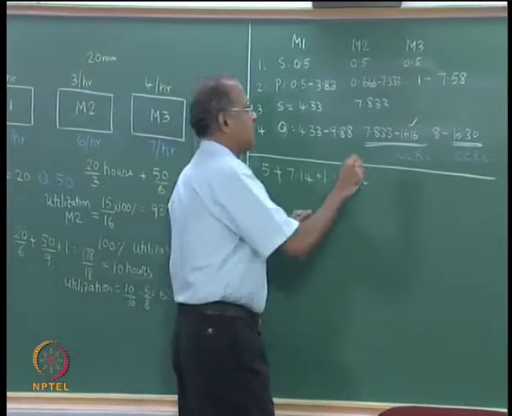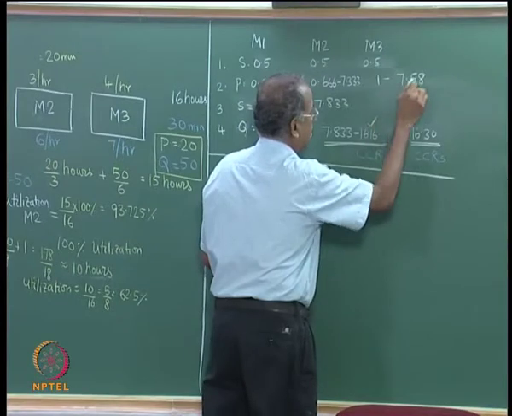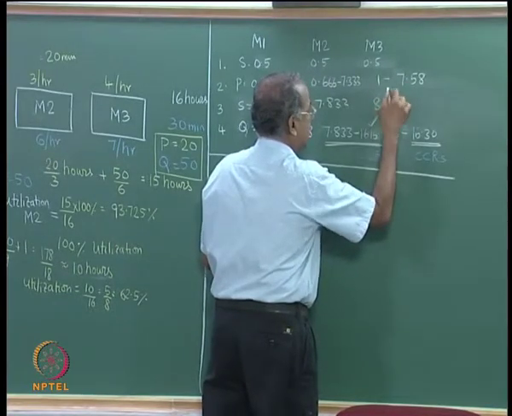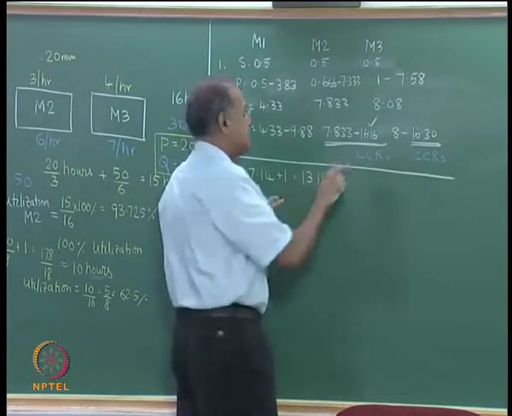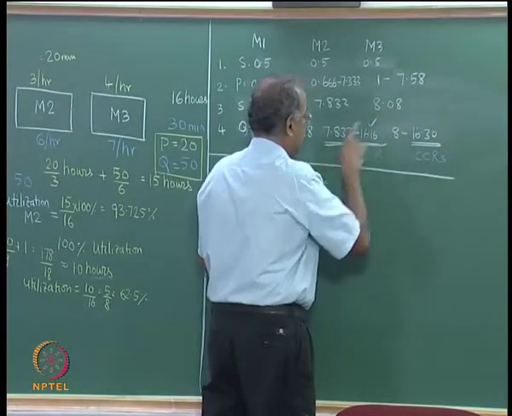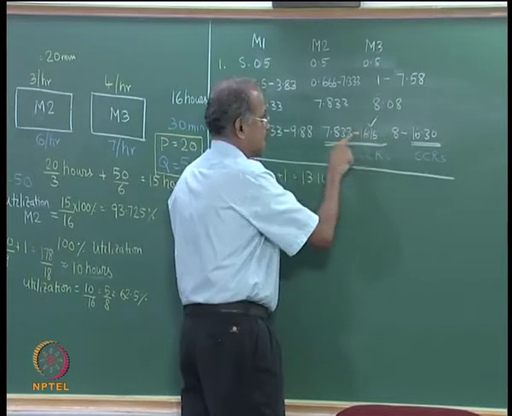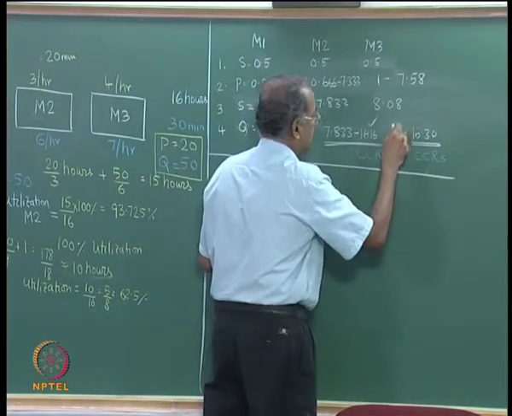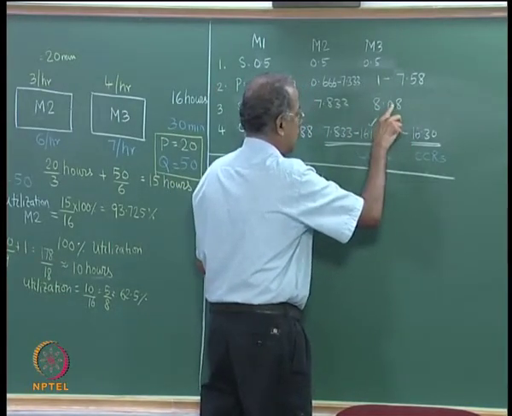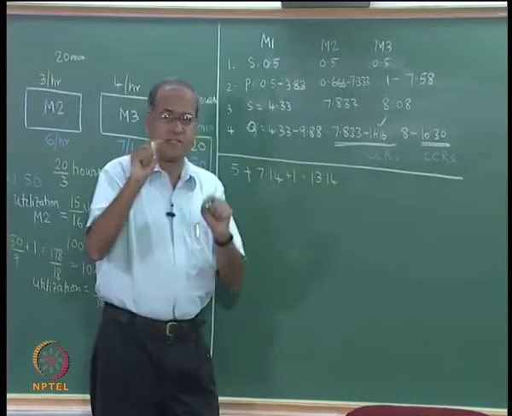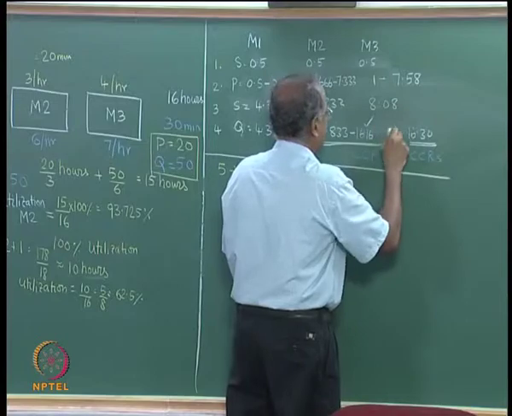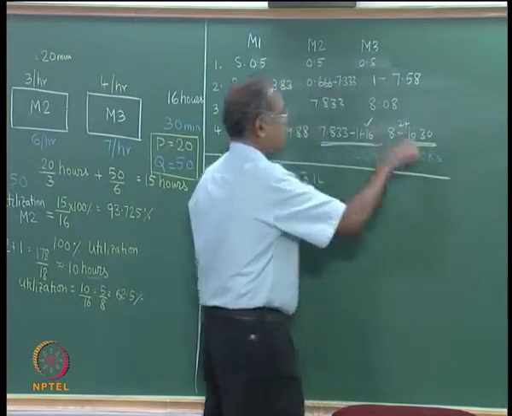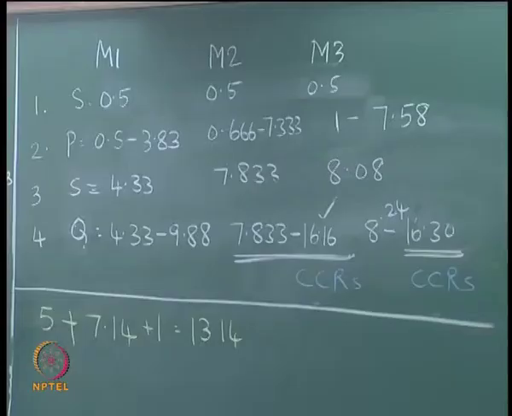Then the changeover happens. So, 7.58 plus 0.5 is 8.08, this finishes. This will be slightly more than that, this is a 0.166. So, this will do from 8.08 plus 0.16, 8.24 to 16.30.